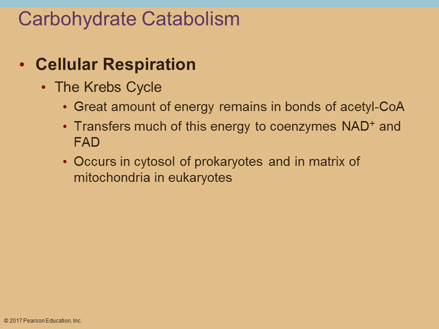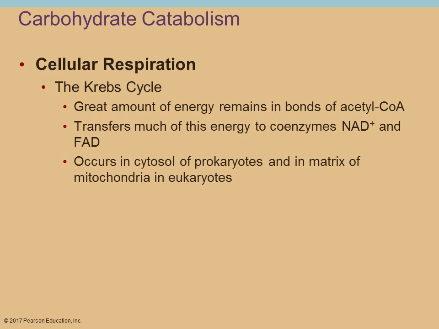So now that you have the acetyl-CoA, you can now have that flow into the Krebs cycle, and we're going to see some of our coenzymes again. This process of the Krebs cycle in prokaryotic cells occurs in the cytosol.